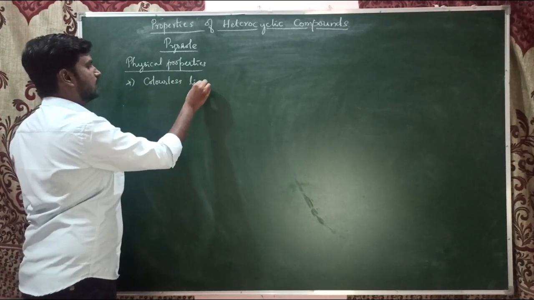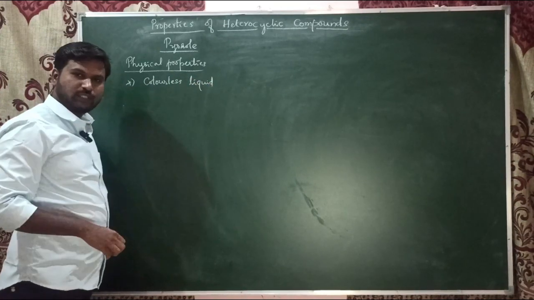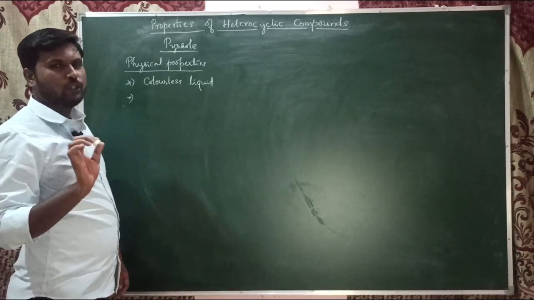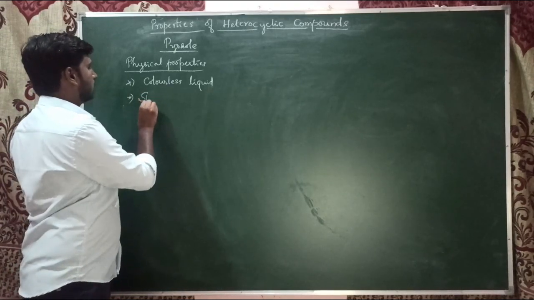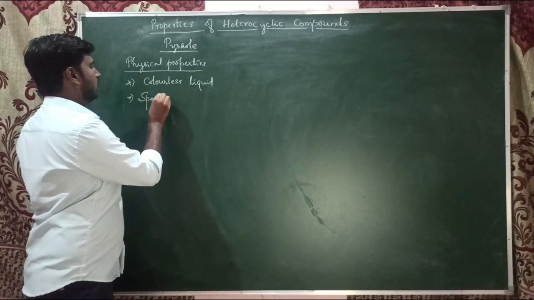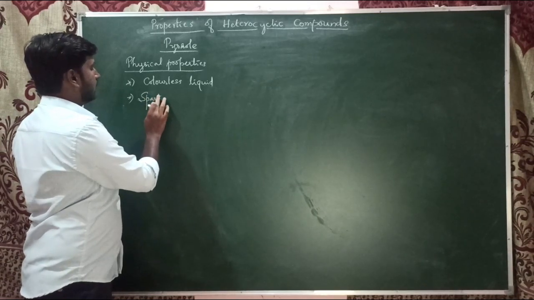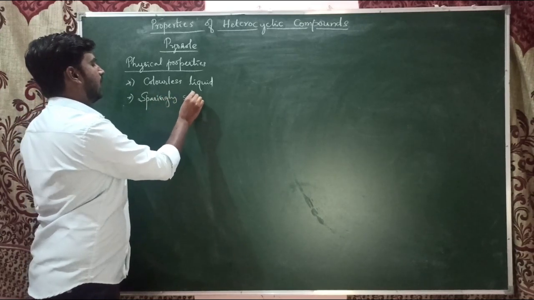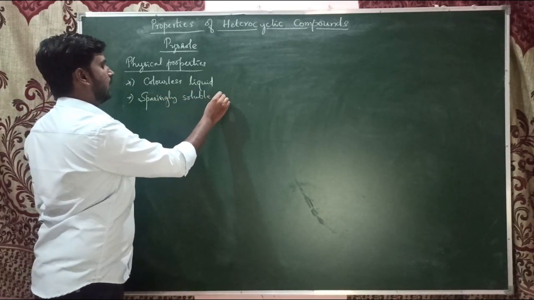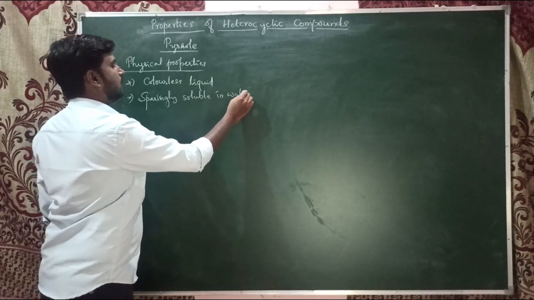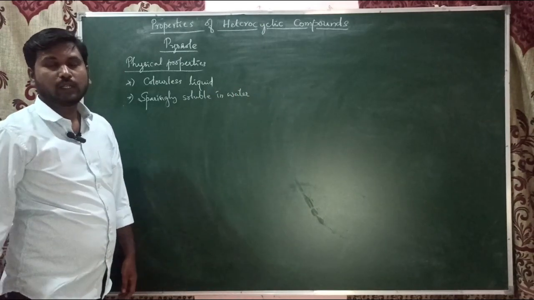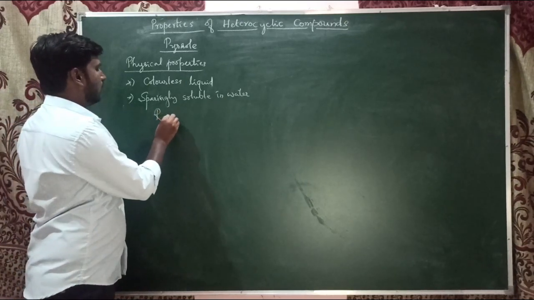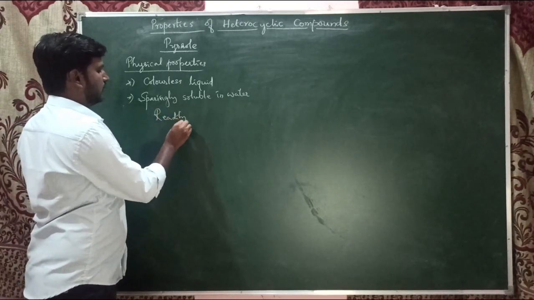If you see its solubility, it is sparingly soluble in water. A partial solubility we can see in water, and as it is also an organic aromatic compound, it is readily soluble in organic solvents.